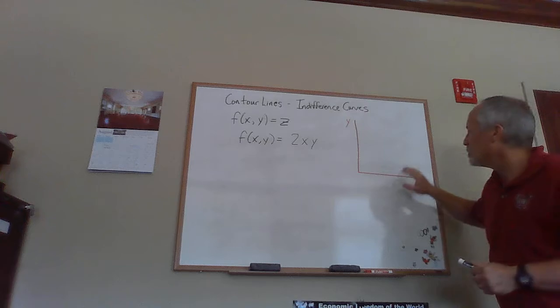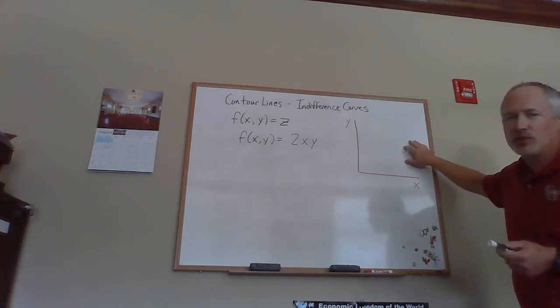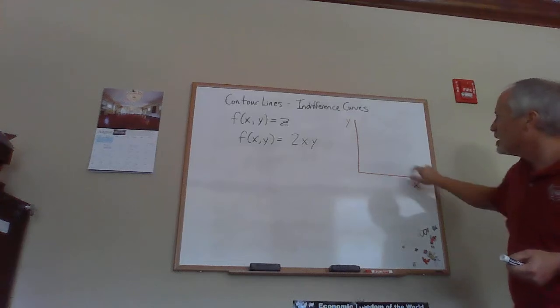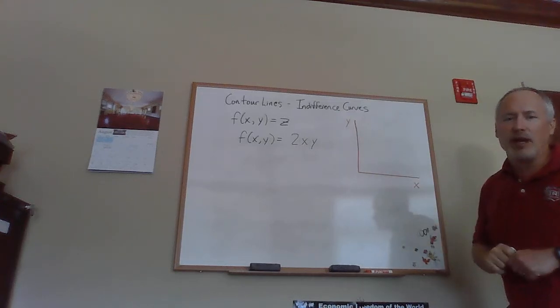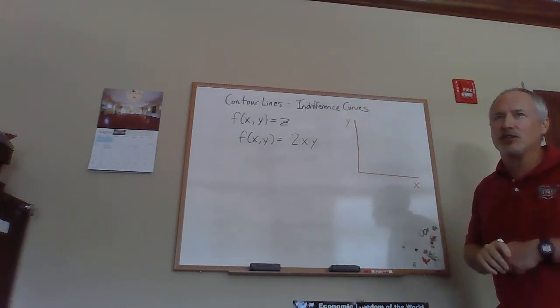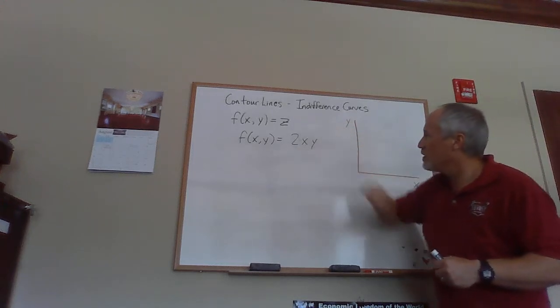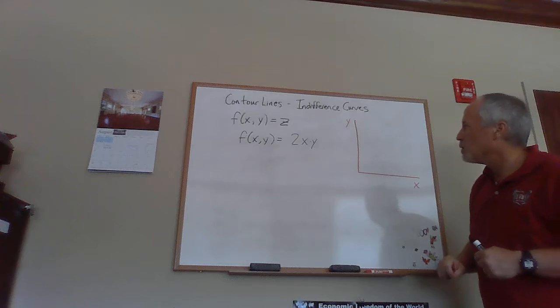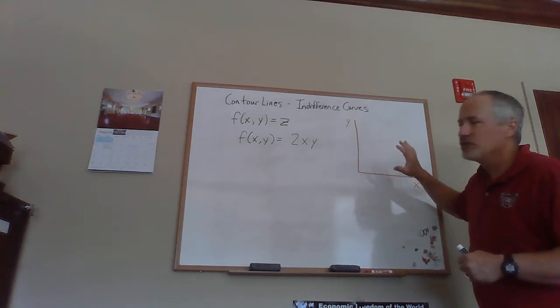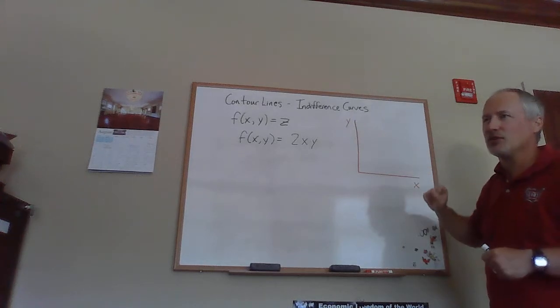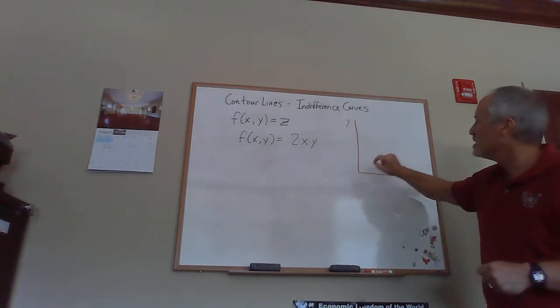Graphically, how we're going to use this for indifference curves is that we're going to have the variables x and y on the two axes. And that's nice because this gives a two-dimensional graph. Well, we know there's a third variable z. If we wanted to graph this function the way we would normally, a function where y is a function of x, we'd have to put z in here too.